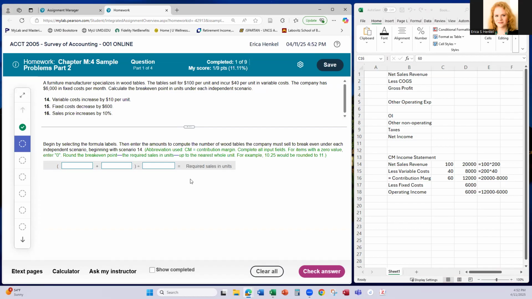So what we need to do, the general formula here, is to take your fixed costs plus your target profit and divide that by your contribution margin per unit. And that will tell you how many required units you need to sell, essentially. So basically we're backing into it, right?